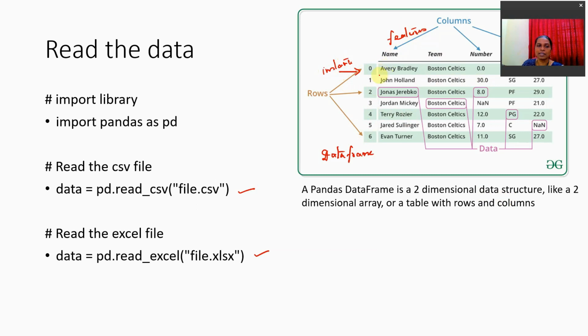Here I am going to work with a sample CSV file called iris.csv, which contains information about flowers and, based on the categorical representation, what type of flower it is.